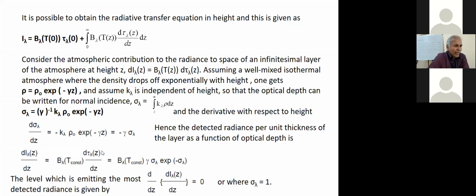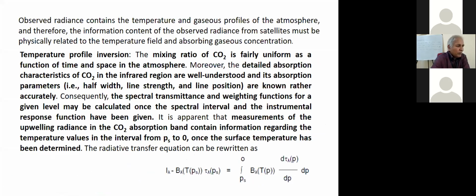Now you can argue that this is based on a very simple exponentially varying density, and also we have assumed that k lambda is independent of z, but it turns out that the observed radiance is not very different from this.